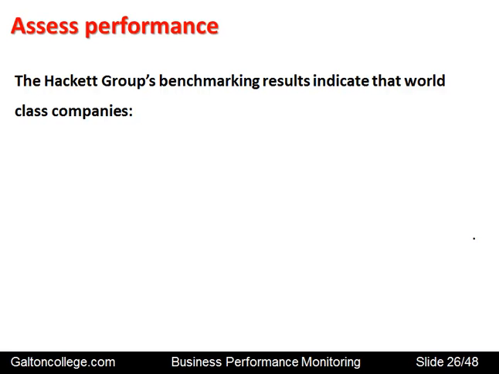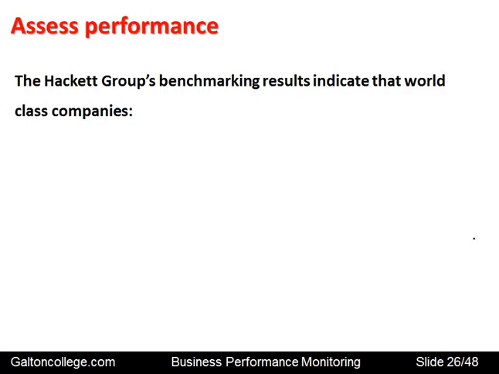Now, the Hackett Group's benchmarking results indicated that world-class companies, these are the really big important companies. In today's world it would be Google, Microsoft, Amazon, mostly internet type companies spring to mind, but also in terms of production, some of the car companies and petrochemicals and chemicals and ethical pharmaceuticals.